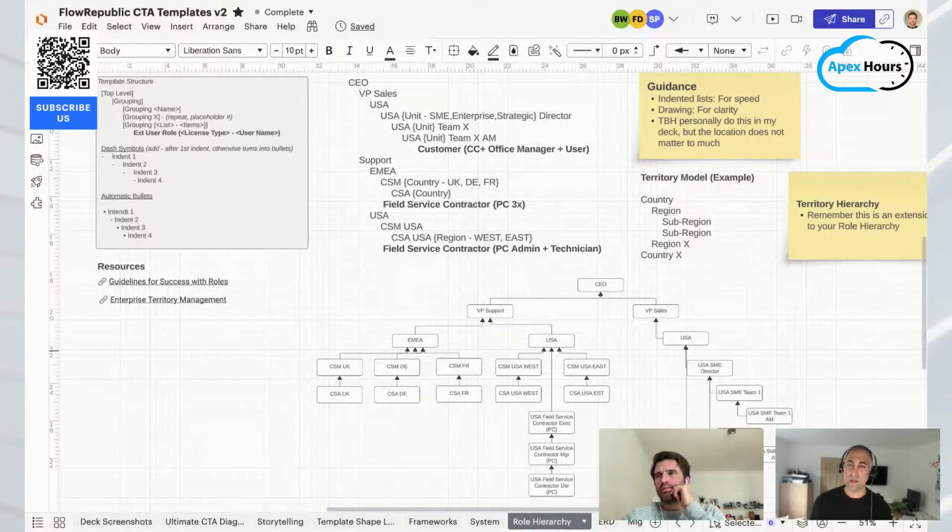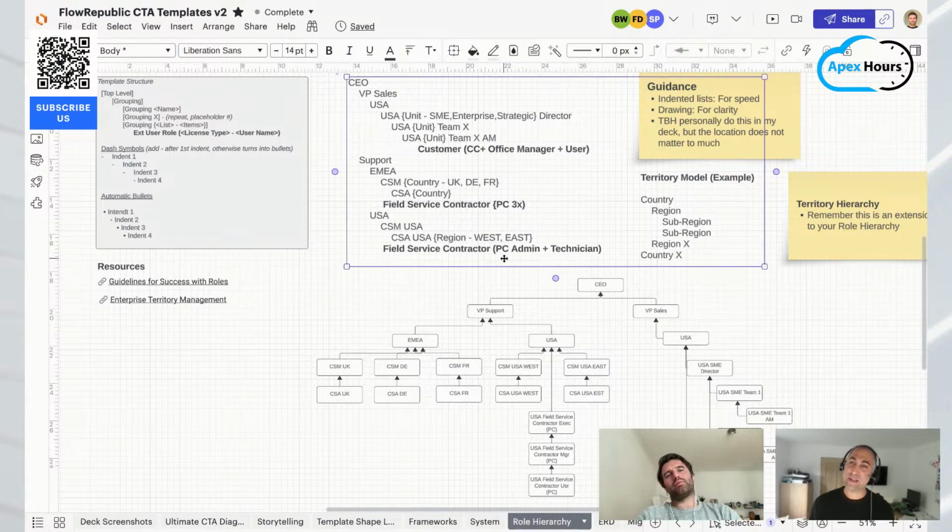Number one is a very tree-based hierarchy, but text-based. It uses a lot of indentations and multiple lines. The trade-off between this and the other one below, which is slightly more visual, is speed and clarity.